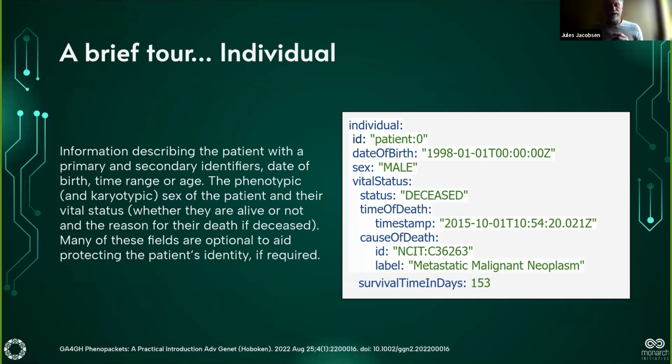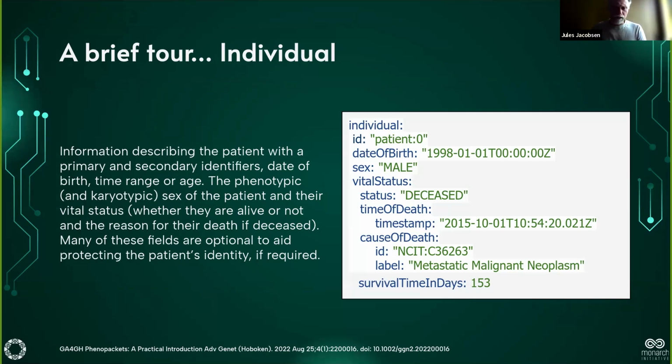What we're trying to do with the Phenopacket is make it so that the amount of personally identifiable health information is limited to the actual usage that you require. So it's quite legal to just have a Phenopacket with just an identifier and not much else in it. How useful that is depends on who you're sharing it with and the reason for sharing it.